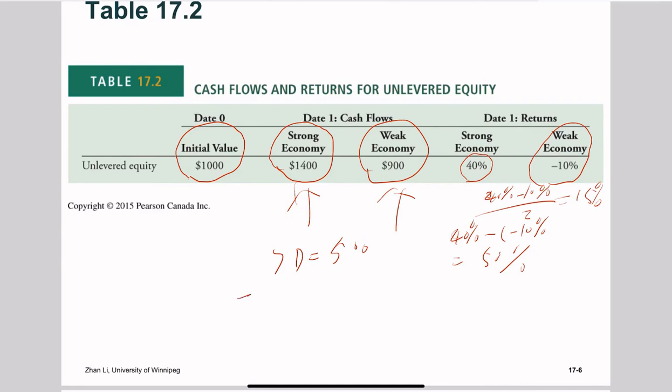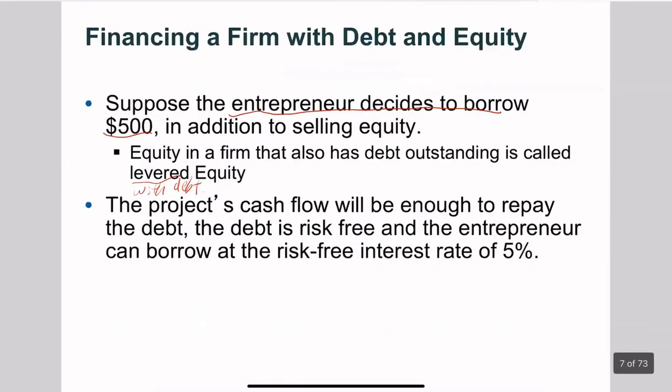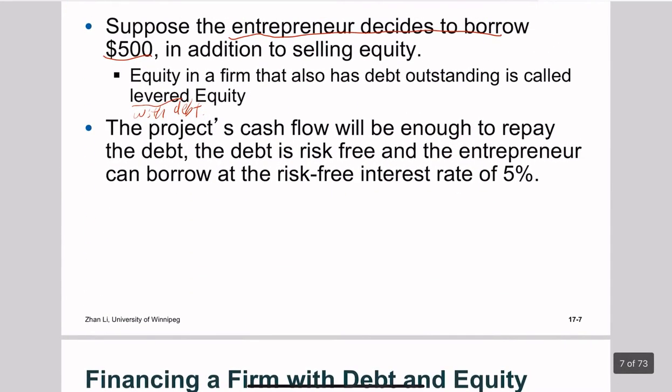This implies that debt is risk-free. So this implies the cost of debt is just the risk-free rate. We have assumed the risk-free rate is 5%. So you can see that the rate on this $500 debt is 5%.